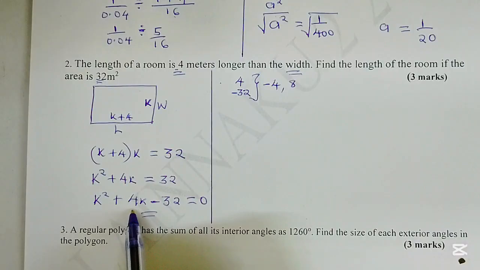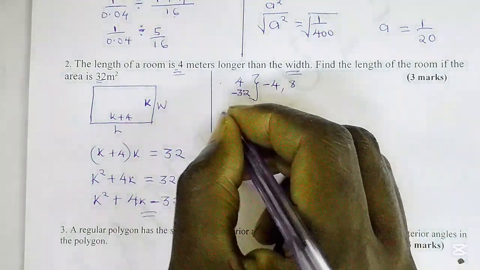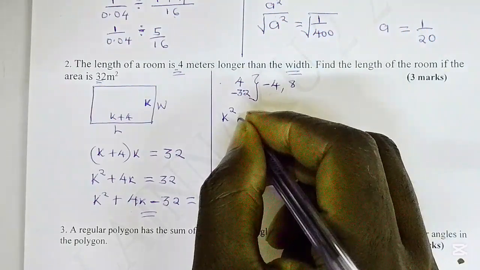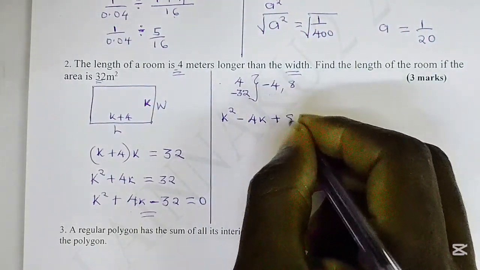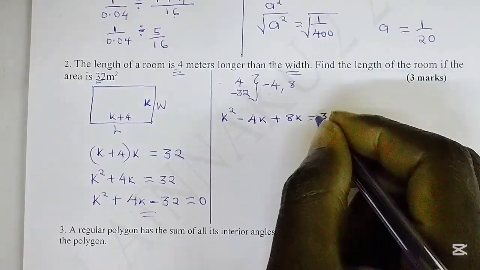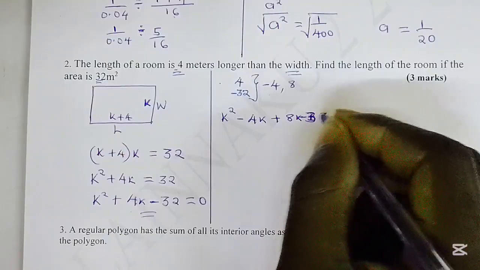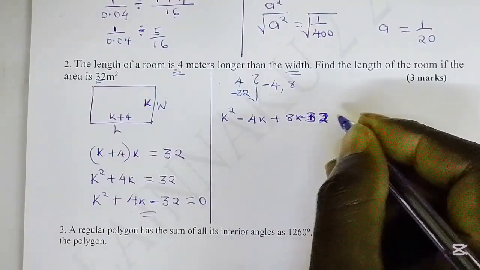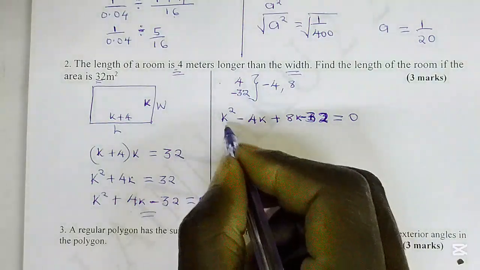So we rewrite the quadratic equation in terms of these two factors. So you're going to have K squared minus 4K plus 8K then minus 32 is equal to 0.